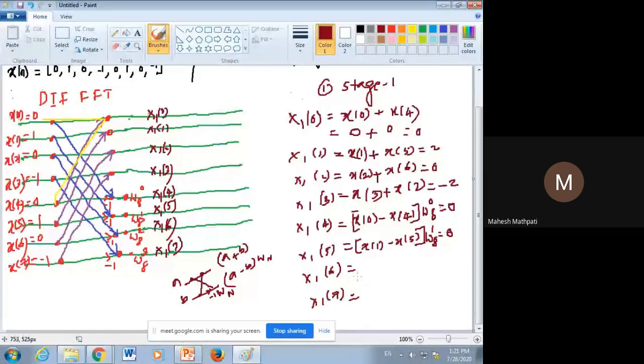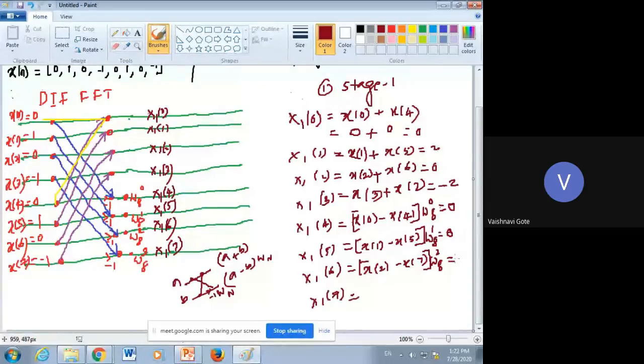Now next part, x1 of 6, write it as x of 2 minus x of 6 multiplied with omega 8 to the power 2, which is equal to 0. x of 2 is 0, and how come it is 0, madam?